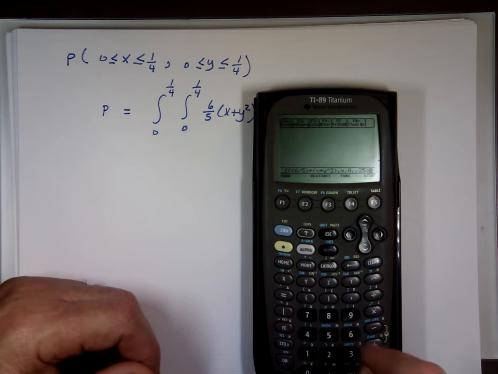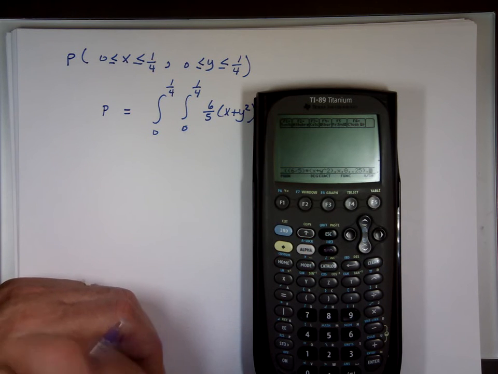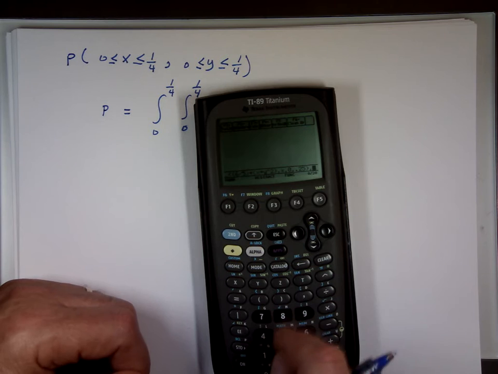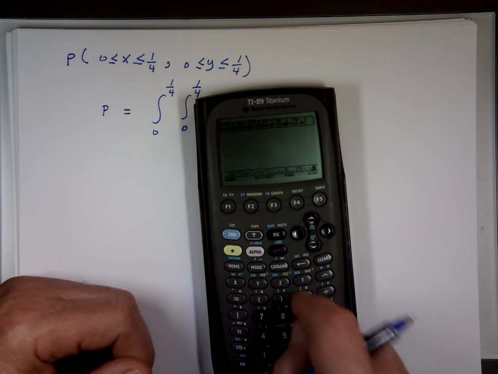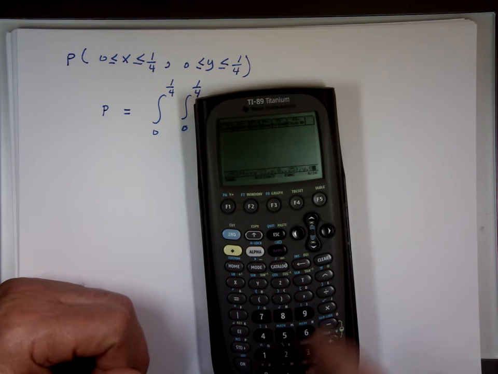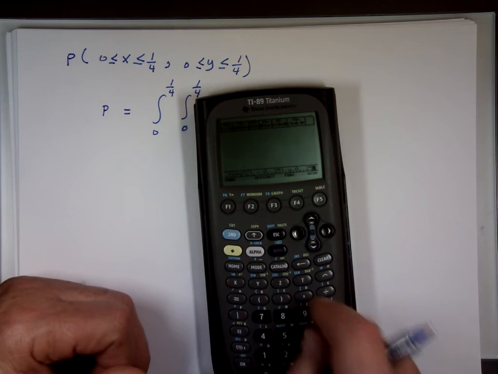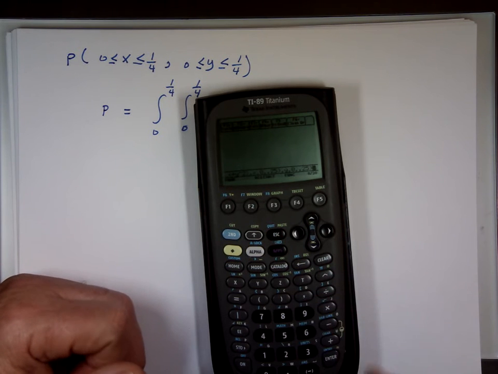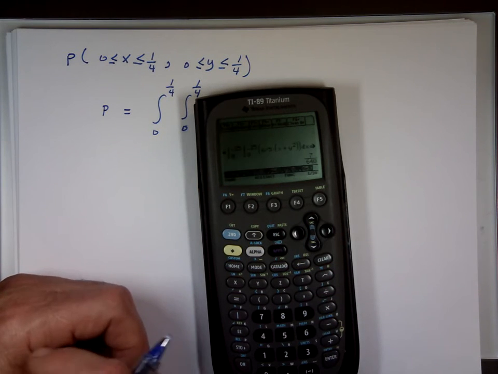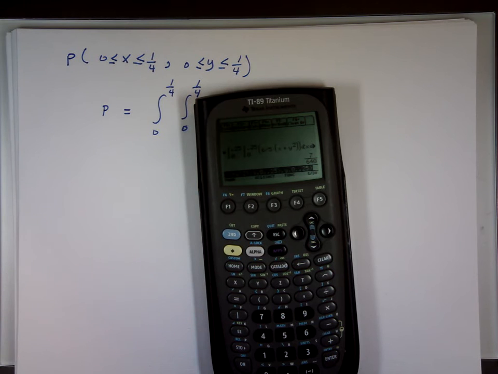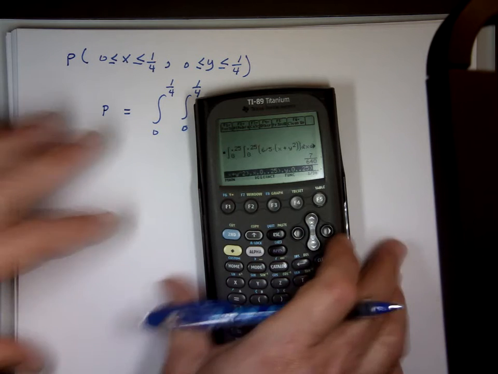comma, the y value, comma, 0, comma, 0.25, close that. And if you see the integral there, I don't know if you can see it. Can you see that equation?